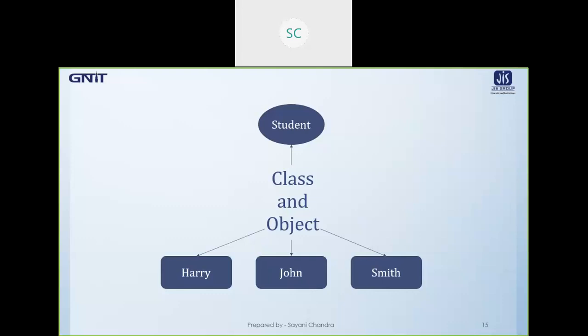These three students should always have the properties of the student class, like a roll number and a university registration number. A student should always attend classes, labs, seminars. They should go to industrial visits. They should be giving exams and so on. All these are the properties of the student class, and all these properties are also contained in these three student objects, Harry, John, and Smith. So basically, Harry, John, and Smith are student class objects, whereas student itself is a class.